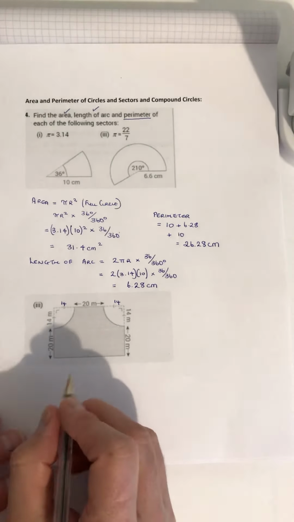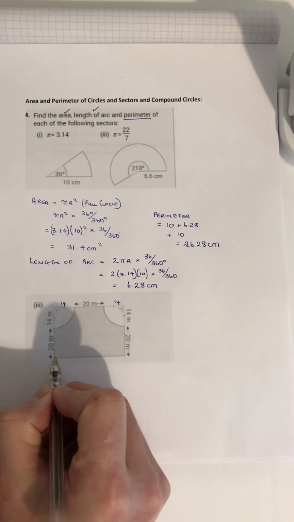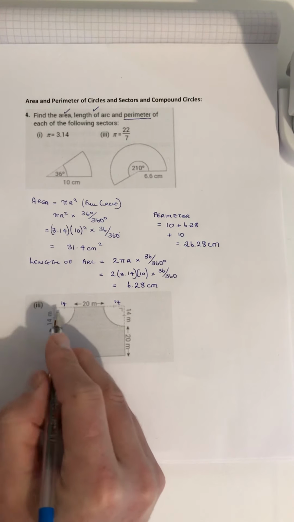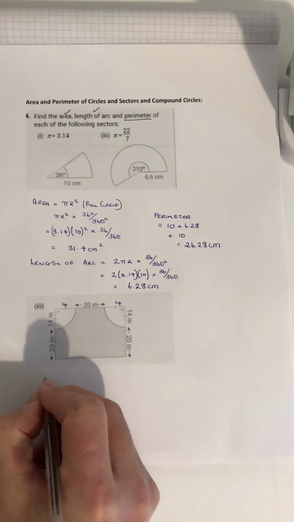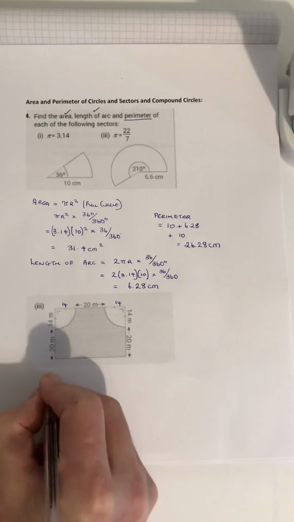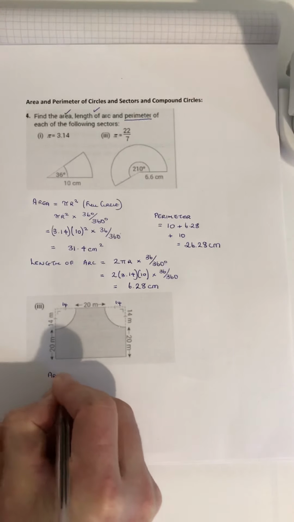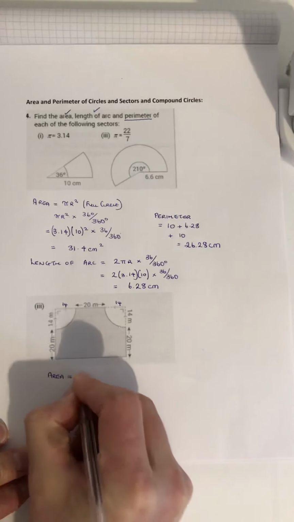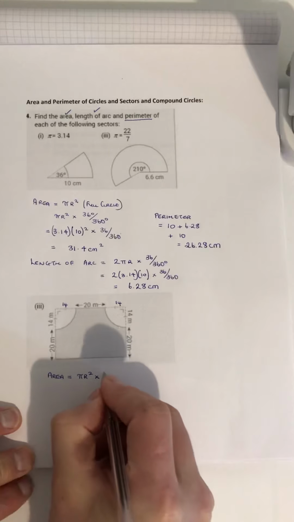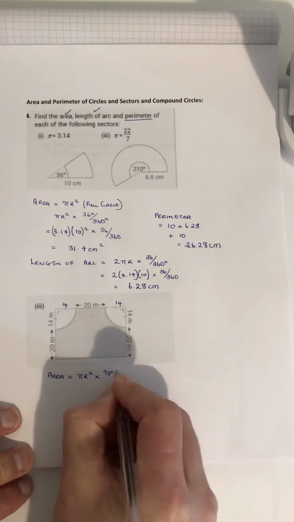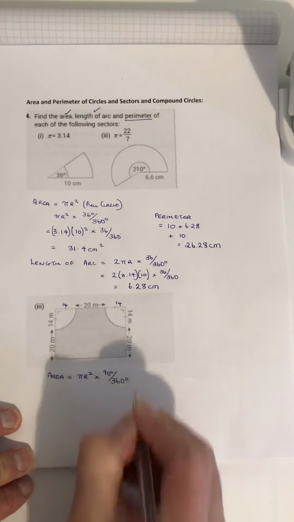So if we take out, that's a quarter of a circle, because it's 90 degrees. Okay, so the area of that circle will be equal to pi r squared multiplied by 90 over 360, which is a quarter.